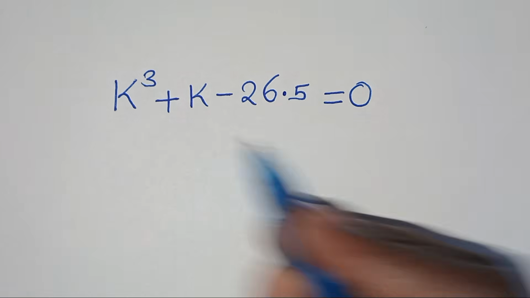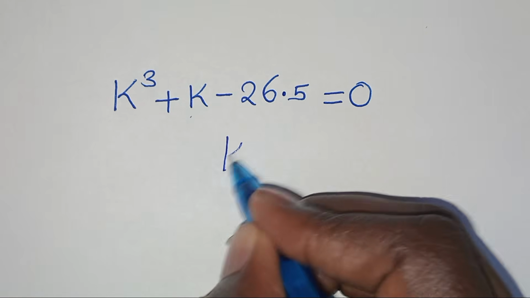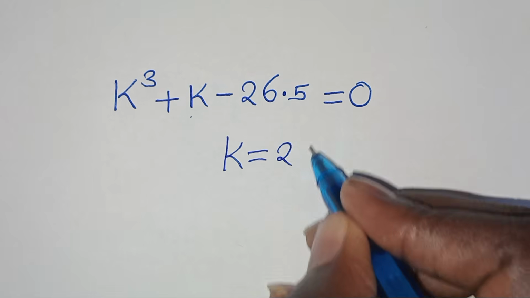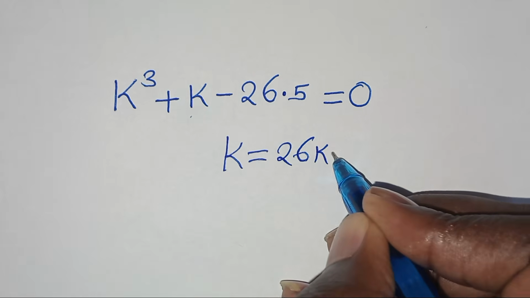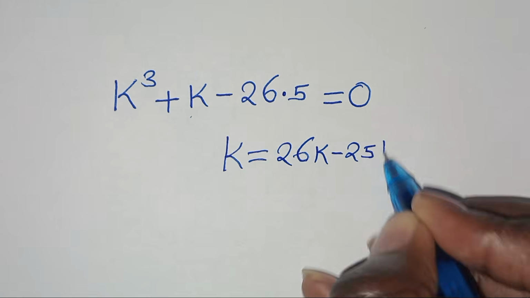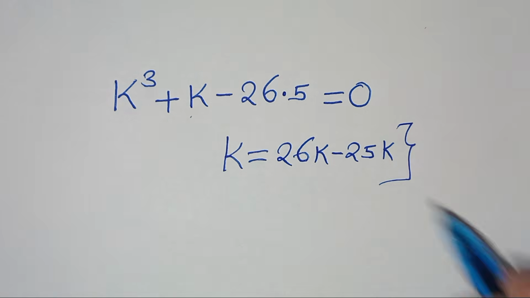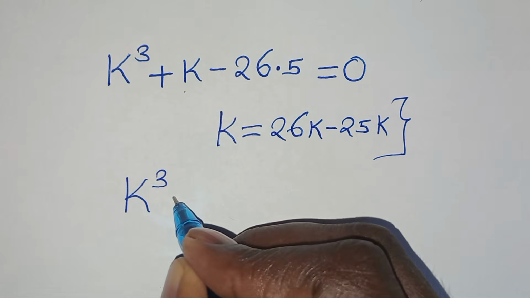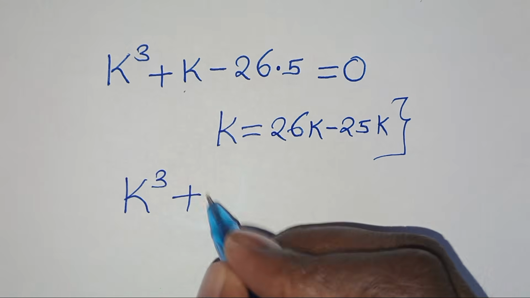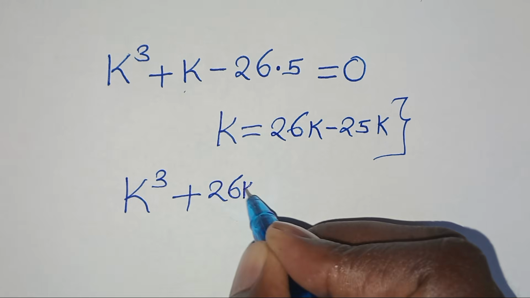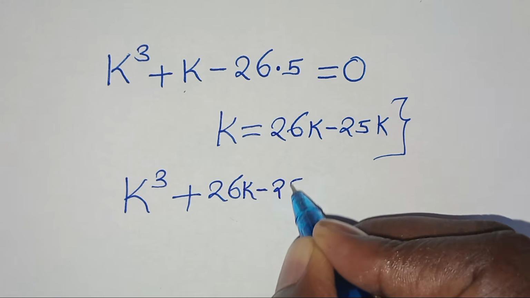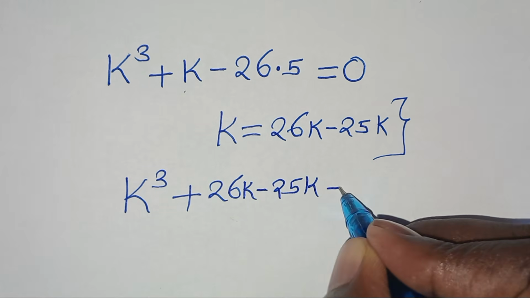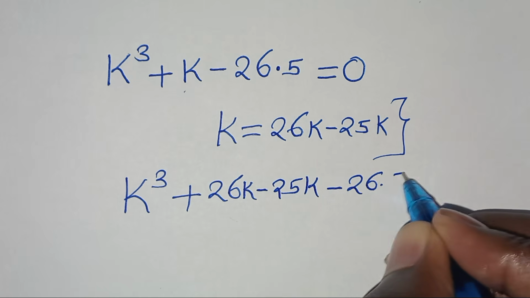Now the next step is that we can express k. k can be expressed as 26k subtract 25k. So this implies that here we have k to the power of 3 plus k, which is the same thing as 26k subtract 25k, minus 26 multiplied by 5.